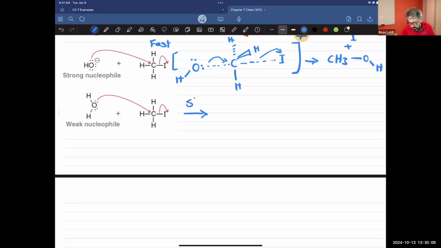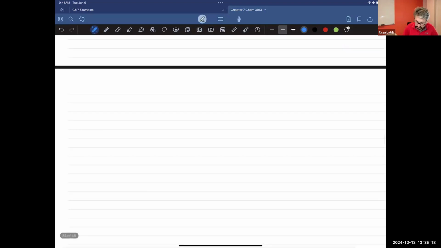How do I know this one is going to be a slow reaction? Because water does not have a negative charge; in fact it is neutral. In the first step, the transition state is going to have this structure: hydrogen, hydrogen, hydrogen.